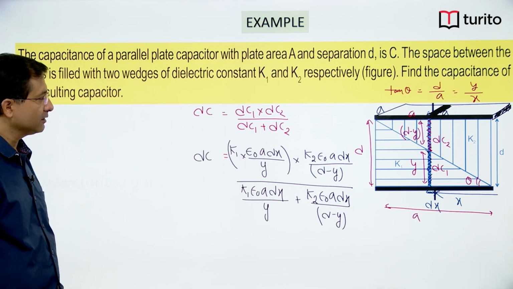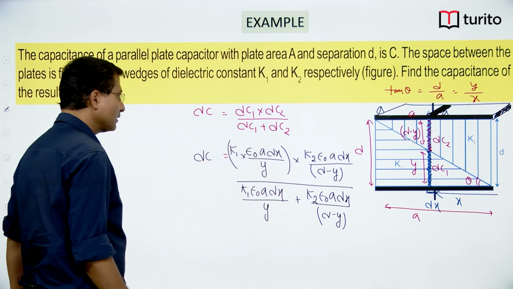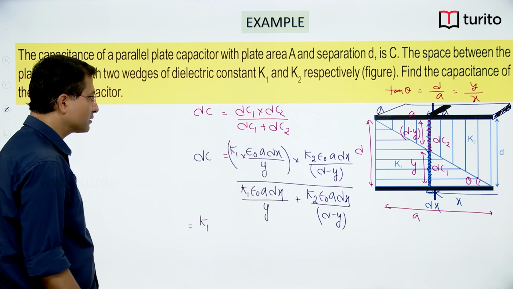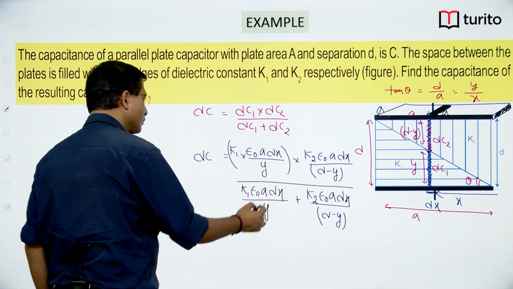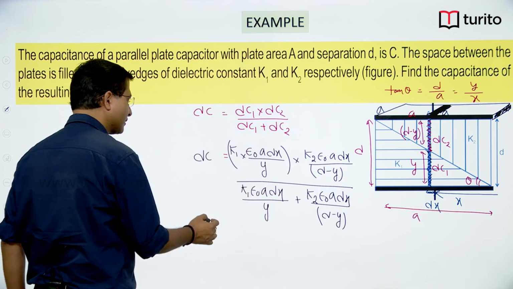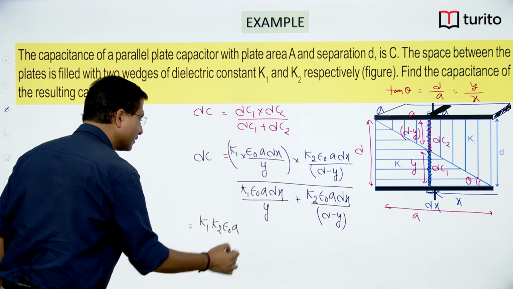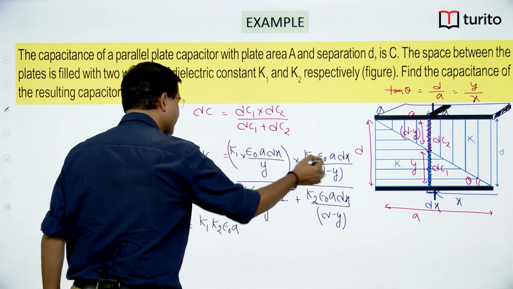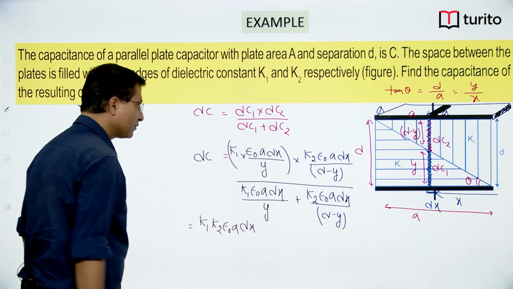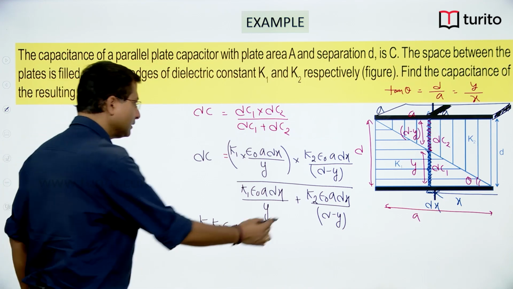If I simplify, epsilon naught a will get cancelled out. Here we are left with K1 K2 and only one epsilon naught a, and one dx will get cancelled out, so you are going to get only dx over here, then divided by d minus y.